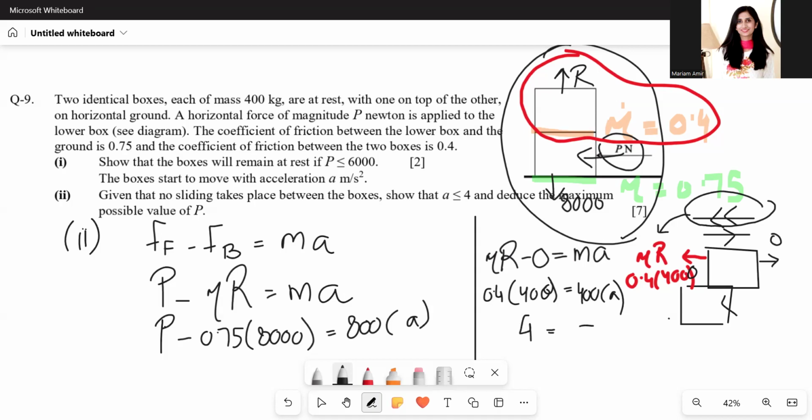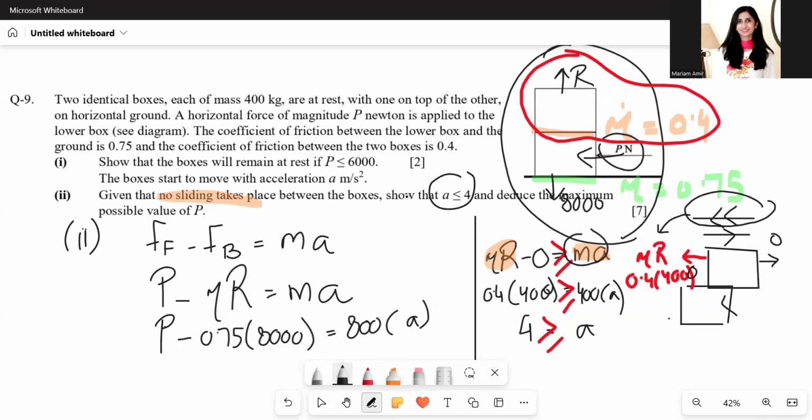We have to show that acceleration is actually less than or equal to 4, so I'm going to put less than or equal to symbols here. Now this is correct. The logic behind it is that friction is going to be greater than this ma since no sliding takes place. So if the upper box is not to be moved, then the frictional value should be greater than ma. Only then will sliding not take place.